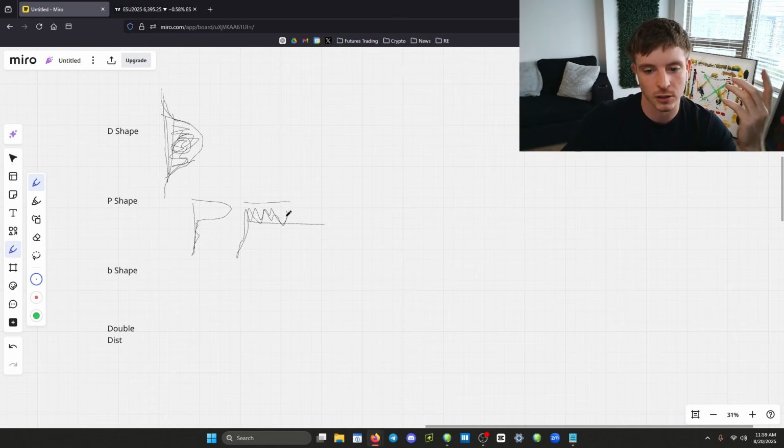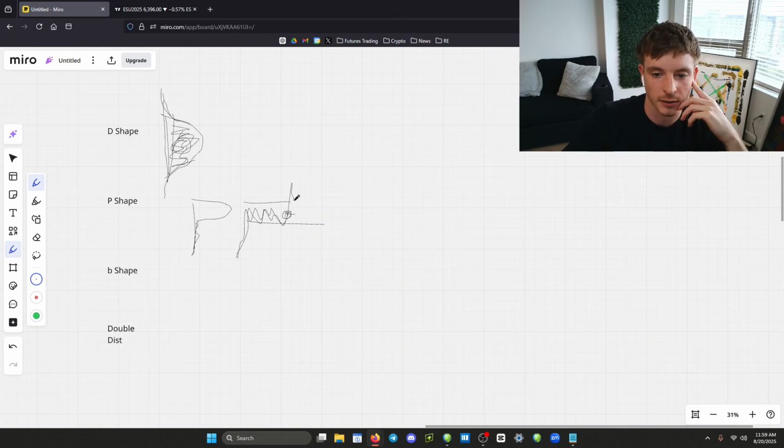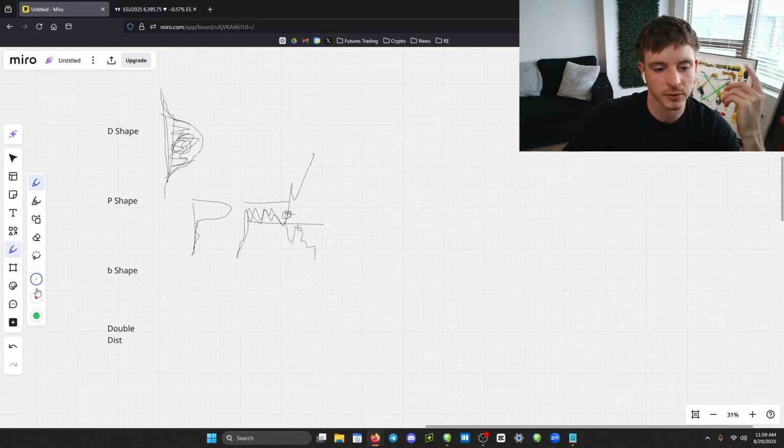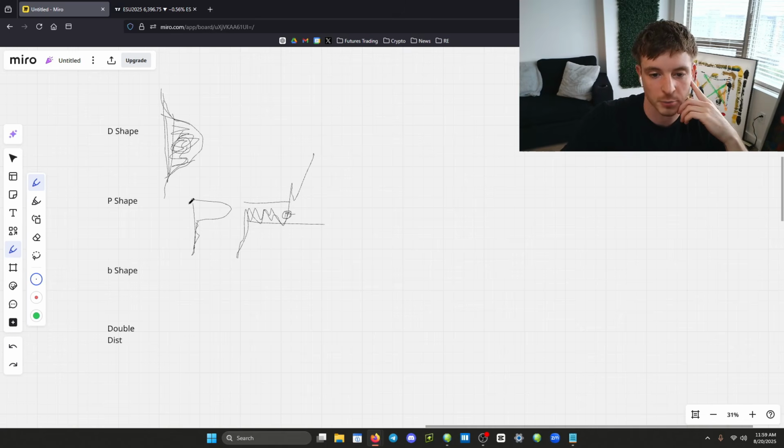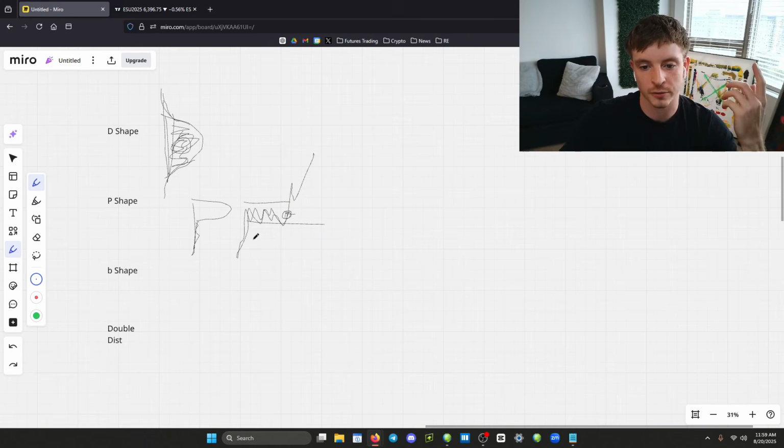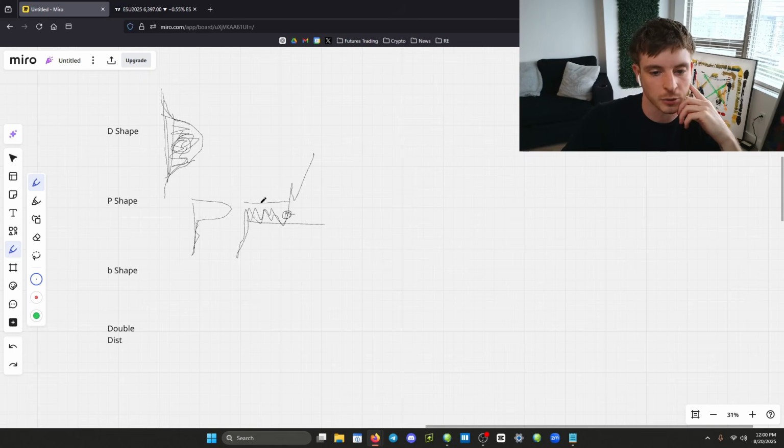So if you get a session that looks like this, you can go into the next session potentially expecting continuation higher, or if this value were to break, once again, if sellers are accepting lower prices, you could see it move down. But most of the time, a P-shaped profile for a daily profile is going to be a sign of buyers accepting higher prices and a potential move for continuation.